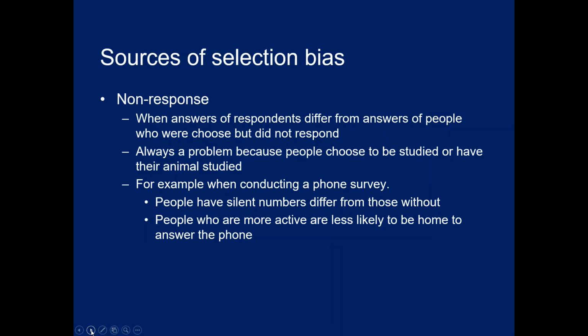So, if you're doing a phone survey, there are silent numbers, and we know for a fact that people with silent numbers are different to those without. Also, if you ring up at one point in time, you're going to get a certain type of person. So if you rang up at 4 o'clock in the afternoon, you would have different people at home and answering than if you rang at 8 o'clock at night, for example.